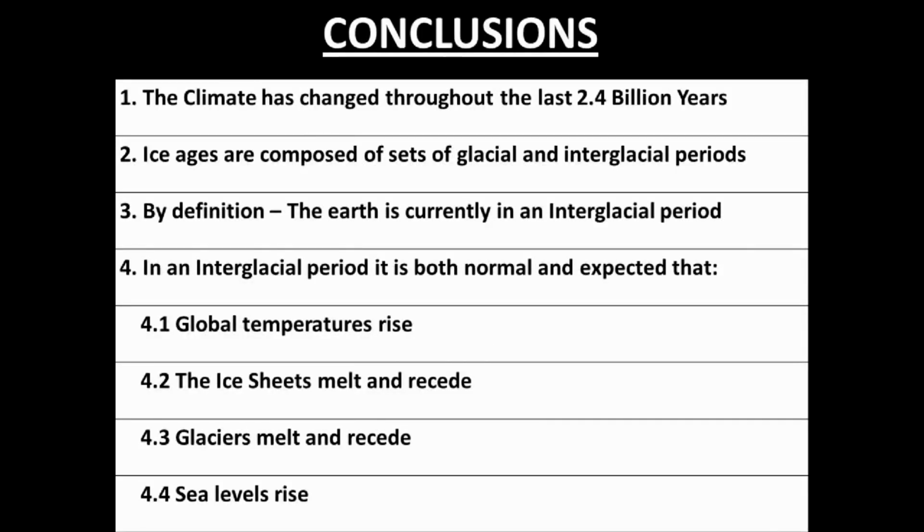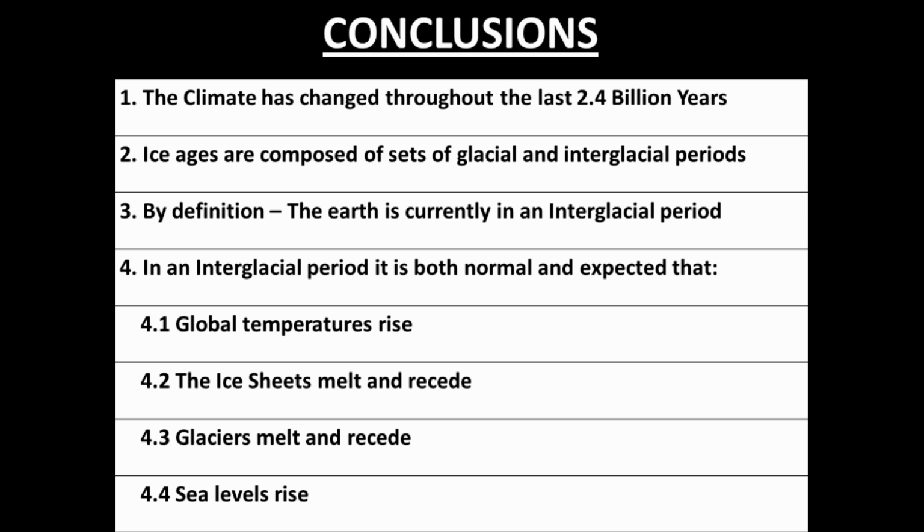These are the major conclusions to be drawn from this video. 1. The climate has changed throughout the last 2.4 billion years. 2. Ice ages are composed of sets of glacial and interglacial periods. 3. By definition, the Earth is currently in an interglacial period. 4.